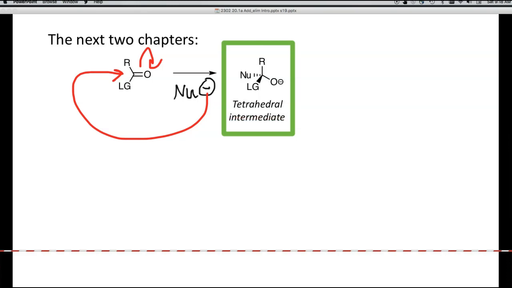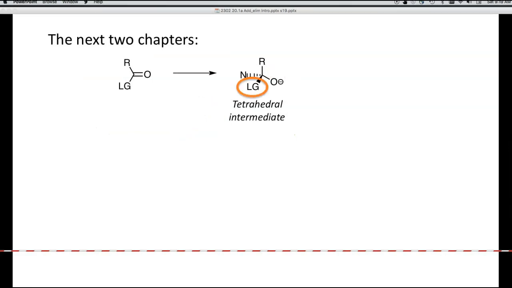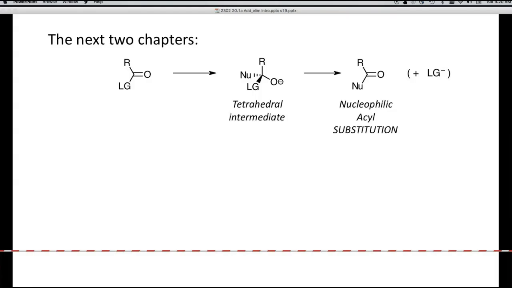So now that we have this tetrahedral intermediate, what's different? Well, what's different is that we now have a leaving group. And so we're happy to kick out that leaving group, there it is, and substitute that leaving group for my incoming nucleophile.